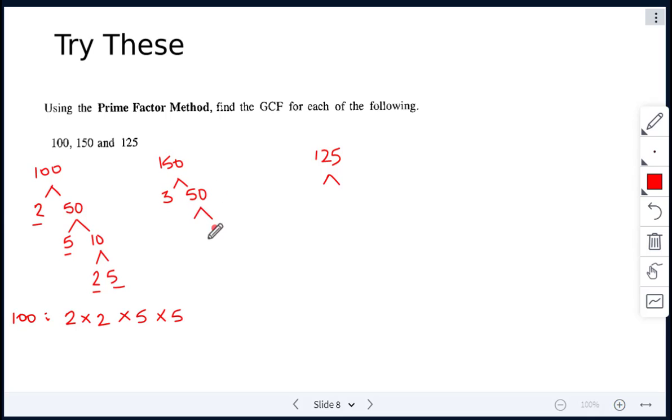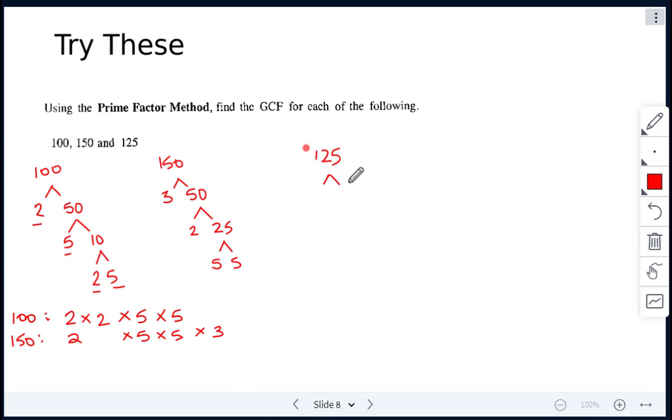And then I'll use 2 and 25. And then 5 and 5. Listing it out here for 150, we have 2 times 5 times 5, and then we have the 3 that is not common to both.